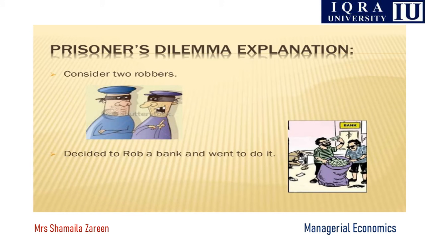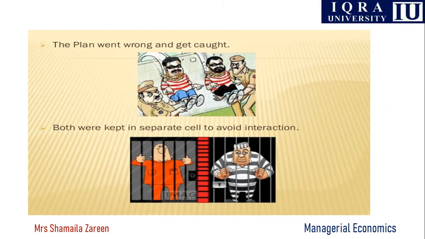About the example of two robbers. They committed a robbery in a bank and the police caught them and they went to jail. But the important point is both were kept in separate cells to avoid interaction.